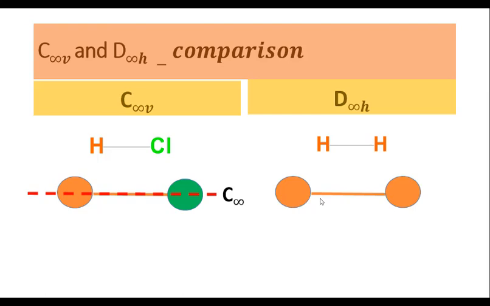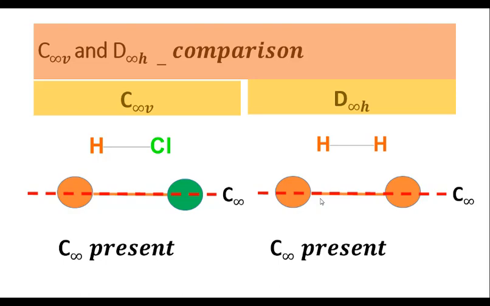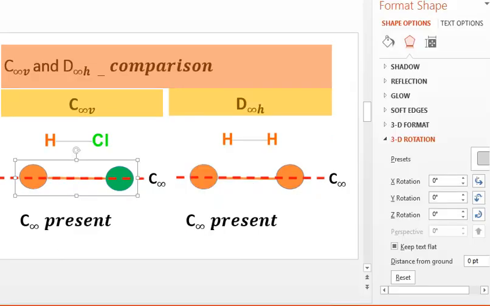If you rotate the molecule through 360 degrees, you will have infinite repetitions of the same appearance, and that is why you call this C infinity. C infinity is present along the bond axis. Similarly, in the case of hydrogen molecule also, you will find a C infinity axis along the bond axis. So C infinity is present in both the cases.